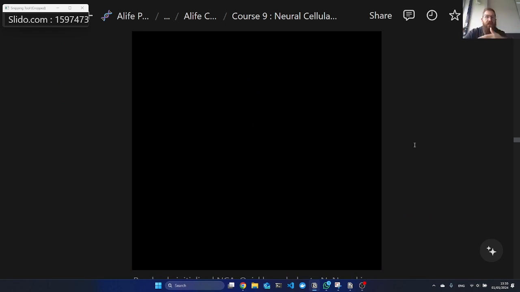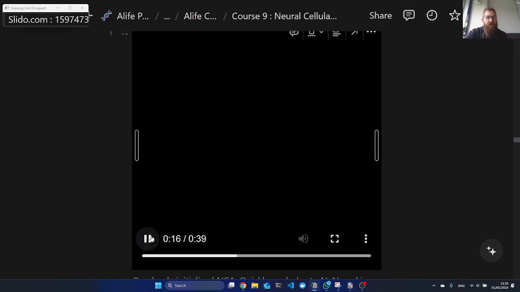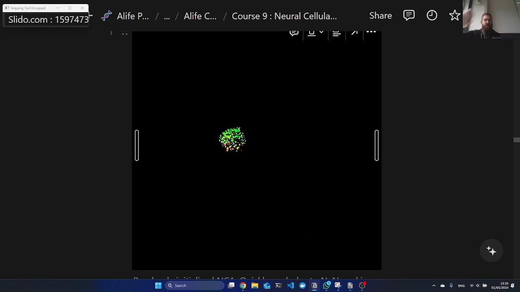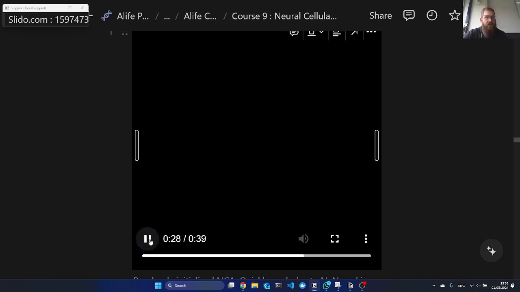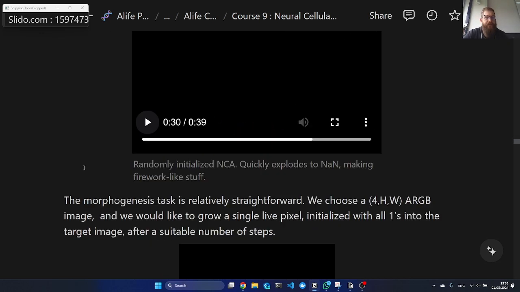But it's still cool that it does some sort of fireworks. And here you can immediately see that it's not rotationally invariant, because most of the fireworks are kind of spheres, but some have some sort of direction. This is precisely because the rules are not rotationally invariant.